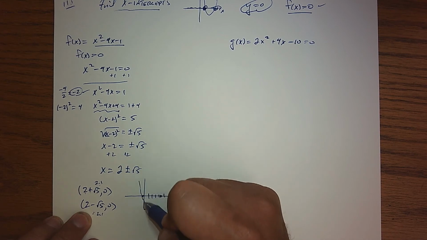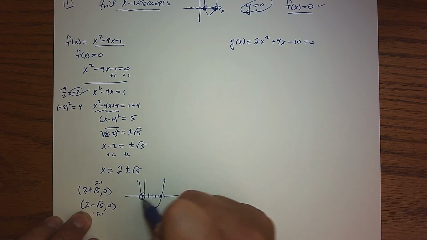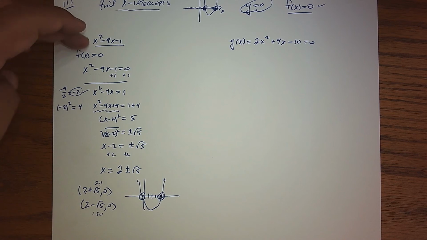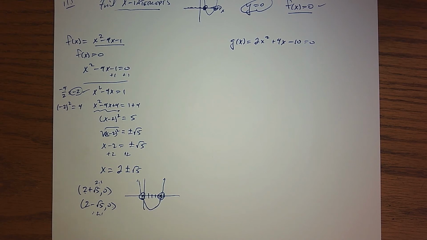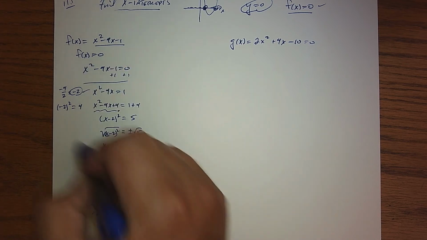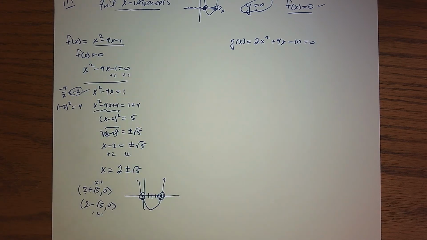So again, we're expecting a parabolic shape, but I know that this graph, whatever it looks like, is crossing the x-axis at this location and at that location. Of course, you can bust out a calculator and get a better approximation. The big piece is what I'm interested in. All right, so there you go.